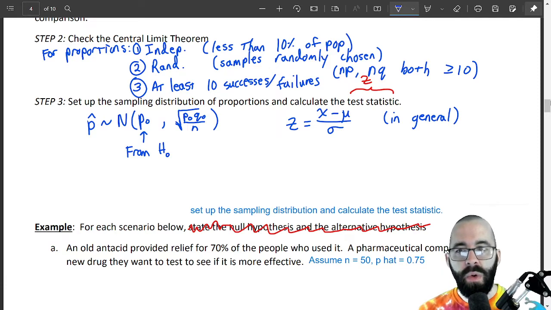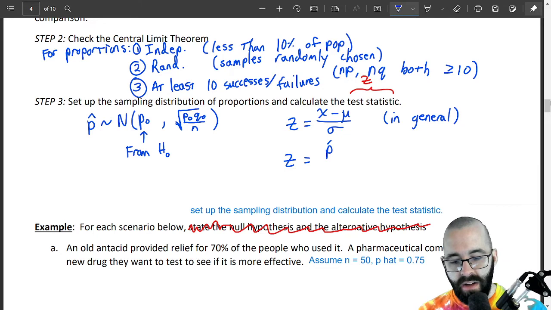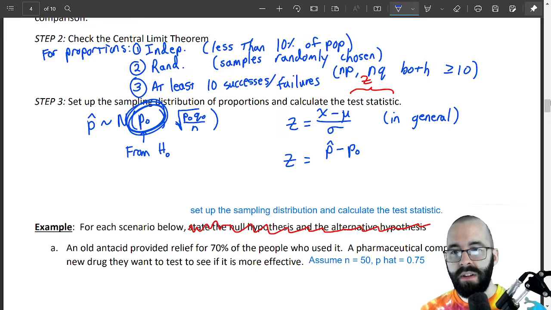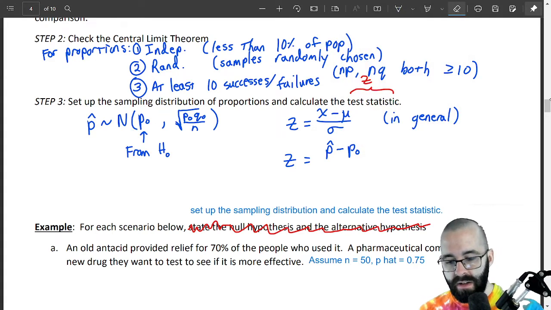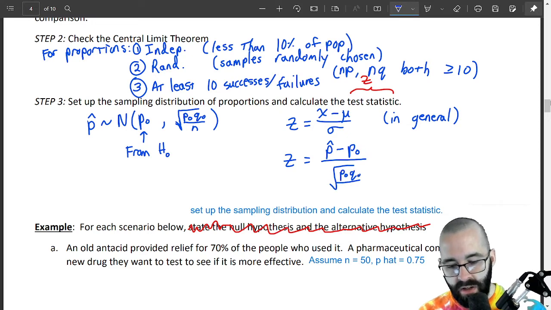Well, when we're looking at proportions, it's always going to be our sample proportion minus the mean of our sampling distribution, which is p naught, divided by the standard deviation of our sampling distribution, which is again the square root of p naught q naught over n. Right, so this is just the mean.